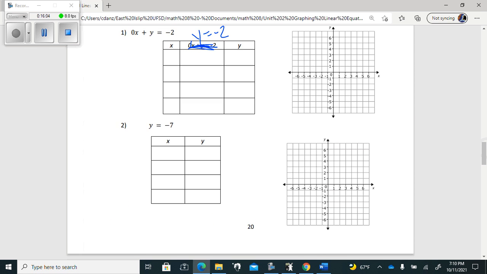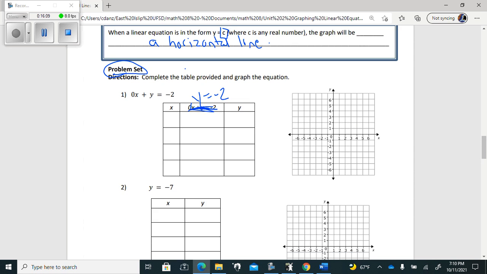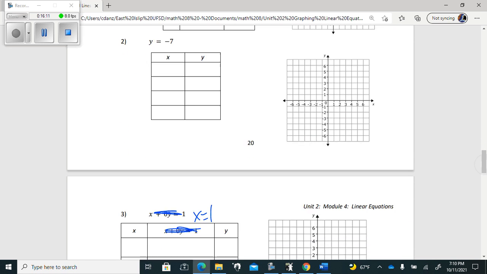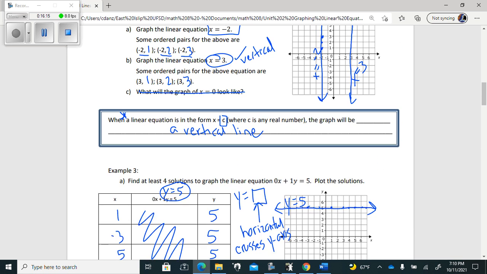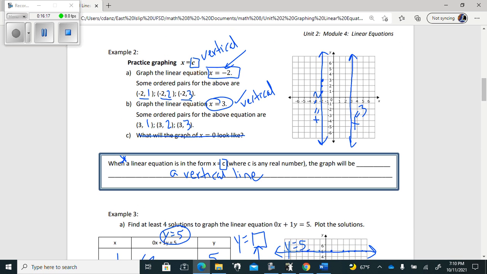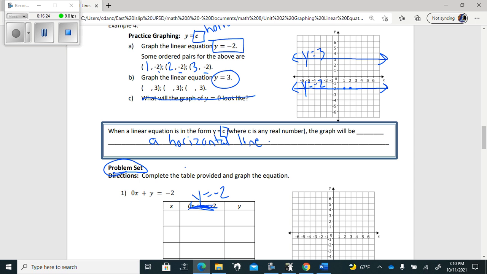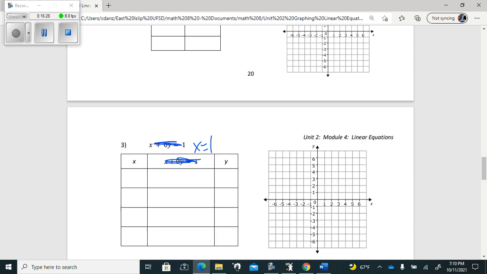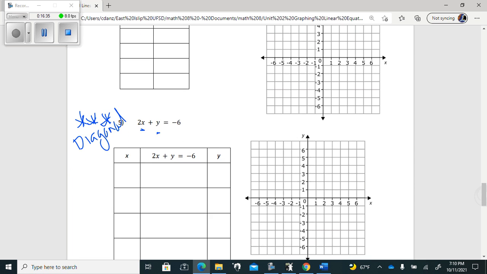On things like number 1, 2, 3, and 4, some of those lines are horizontal, some of them are vertical. So if we wanted to remind ourselves, you go back to these notes here. When it says x equals a number, it's a vertical line. When it says y equals a number, it's a horizontal line. But if there's an x and a y in your equation, it will be a diagonal line.